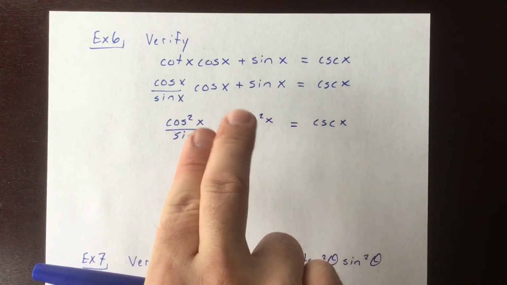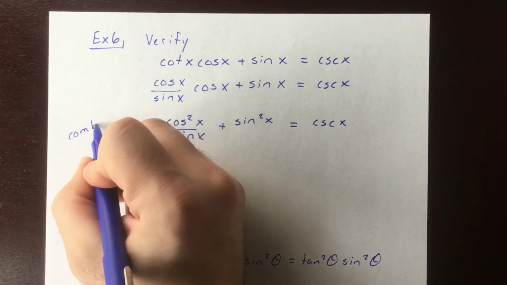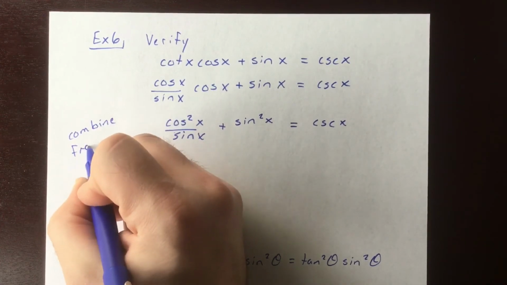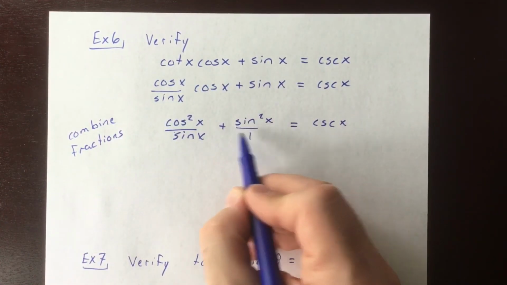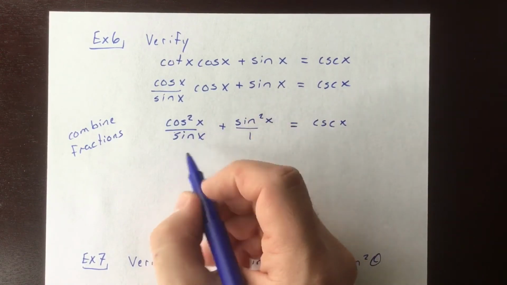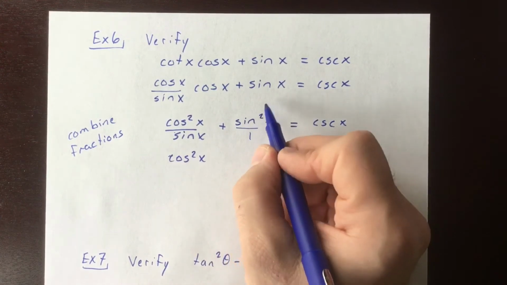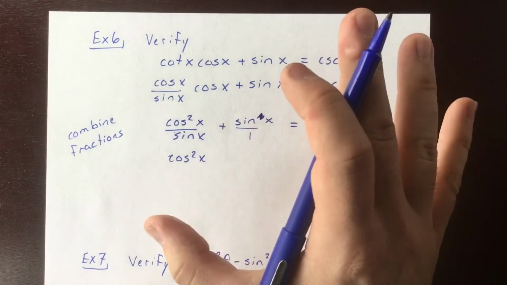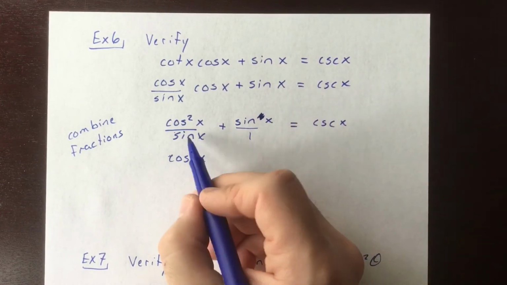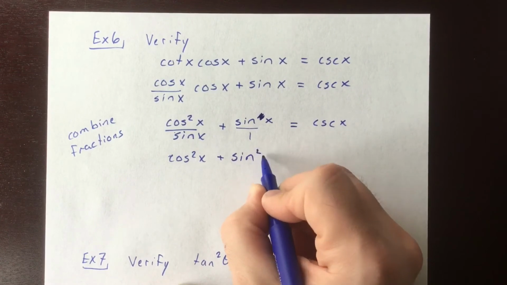I have to have a common denominator. So we're going to combine fractions using a common denominator. So this is over 1, so common denominator is sine of x, so cosine squared of x. That square's not there yet. So I'm going to multiply this now by sine of x, now it's sine squared.